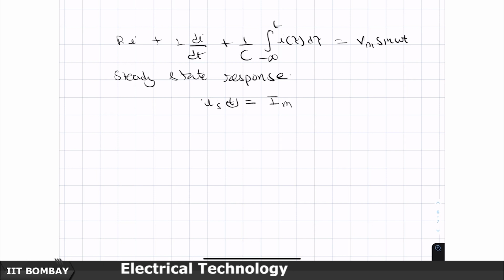Let me hypothesize that this is some Im sin of omega t plus phi. This is a hypothesis. This is an assumption I am going to make. Now, let me check if this works out. There is a reason for making this assumption. The right hand side is a sine function.